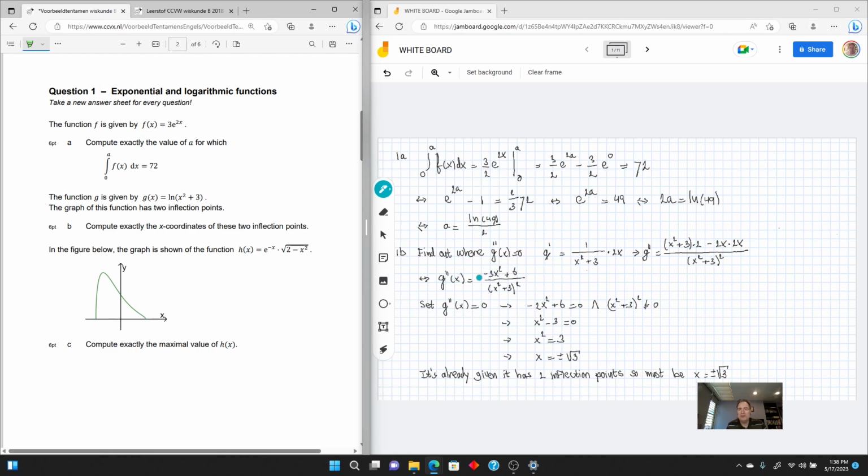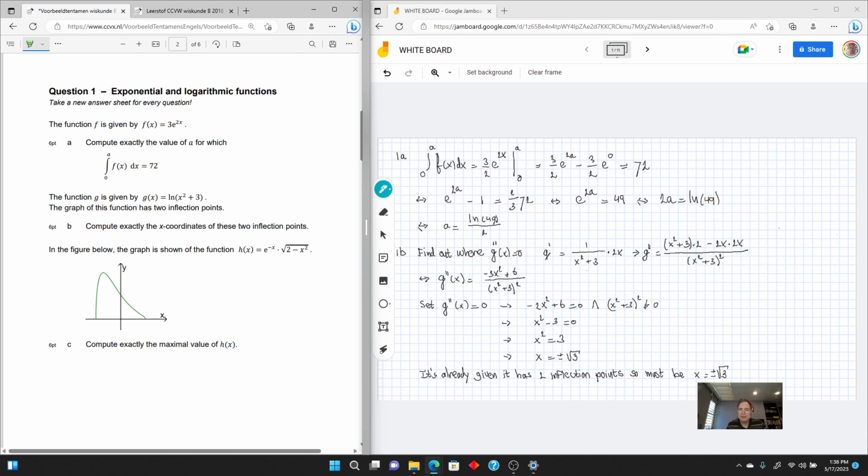And then we set this equal to 0, which means that the numerator has to be 0. 2x squared plus 6 is equal to 0. And this denominator cannot be equal to 0. So that's something we have to check later.